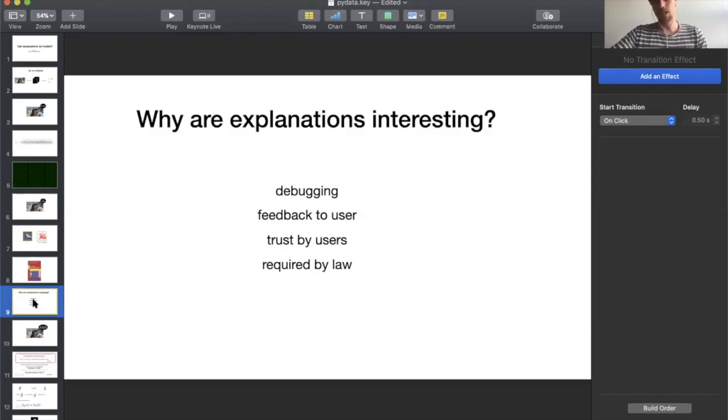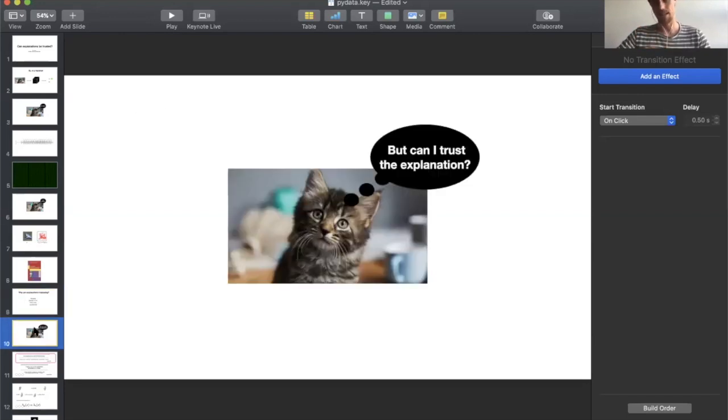Okay, so especially considering the last three points, you may ask the question: good, you have shown me these heat maps, they are in some sense an explanation, but can I actually trust these explanations? By trusting, I mean basically, can they be manipulated?